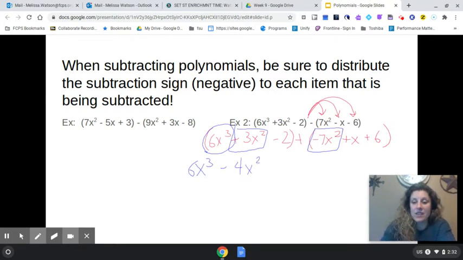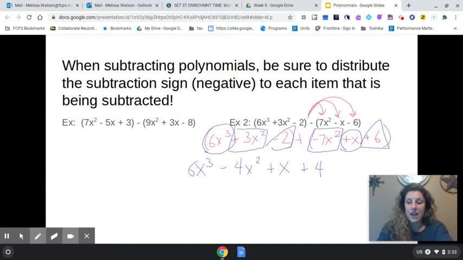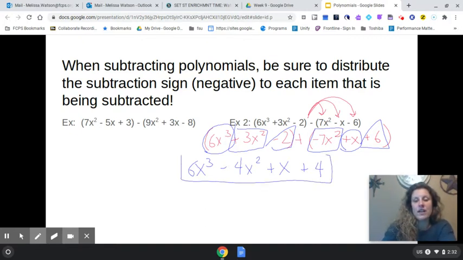The next term, there's a positive x here, but the first polynomial has no x terms. So I'm just going to pull that down. So plus x. And then we have negative 2, and we're adding on positive 6. So we get positive 4. Again, checking that for any more like terms. They are all different. So therefore, that is my final answer.